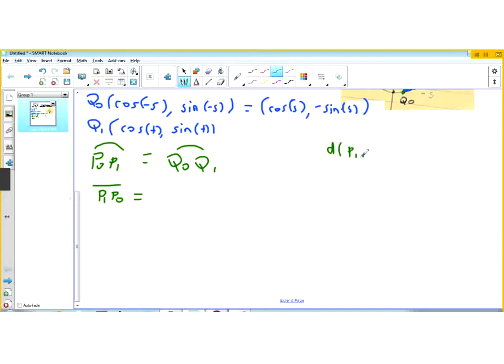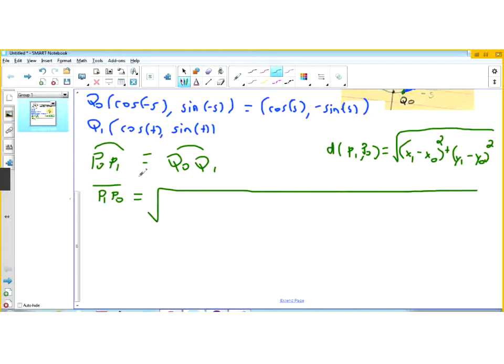The distance between two points, in case you forgot, would be the square root of the abscissa of P1 minus the abscissa of P naught, squared, plus the ordinate of P1 minus the ordinate of P naught, squared. Now, these coordinates are written in terms of the trigonometric functions.